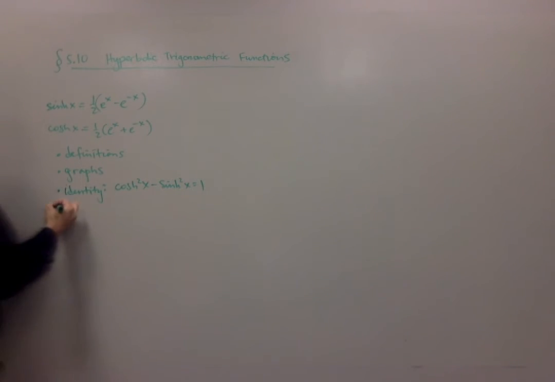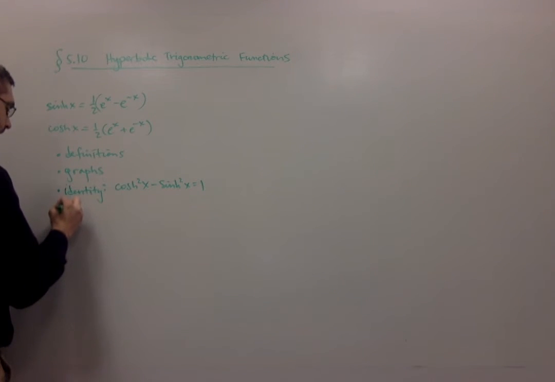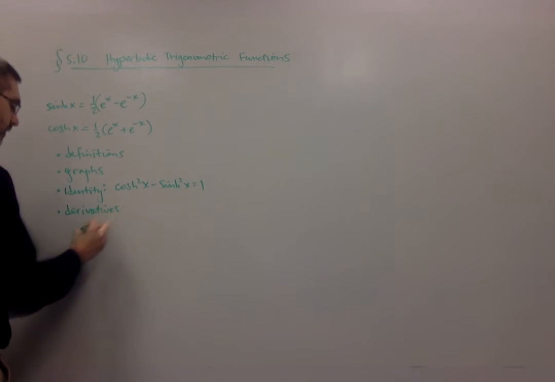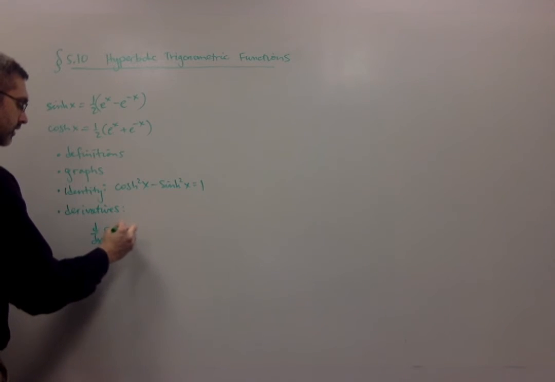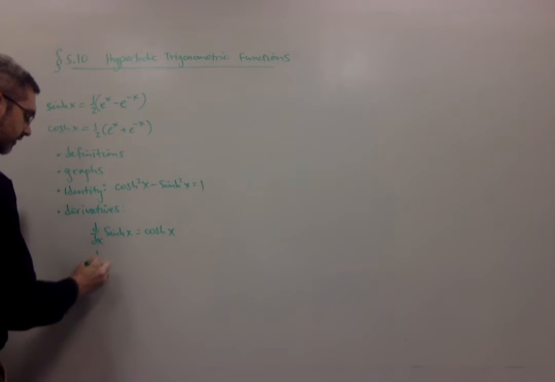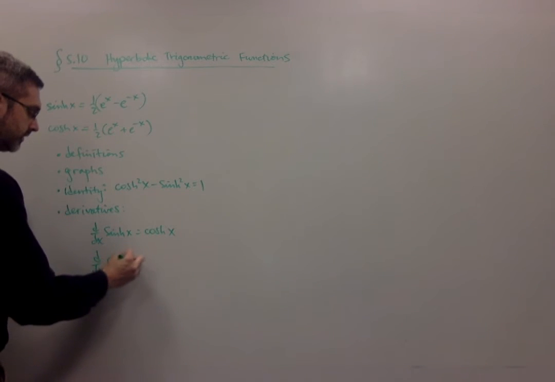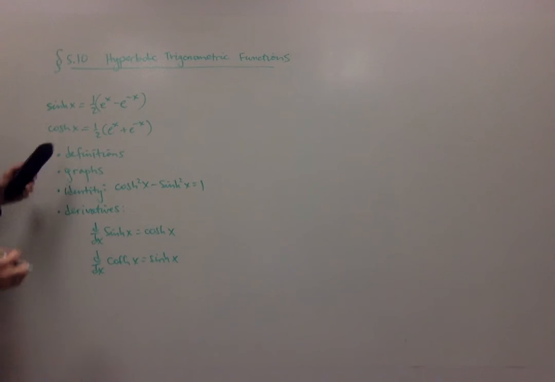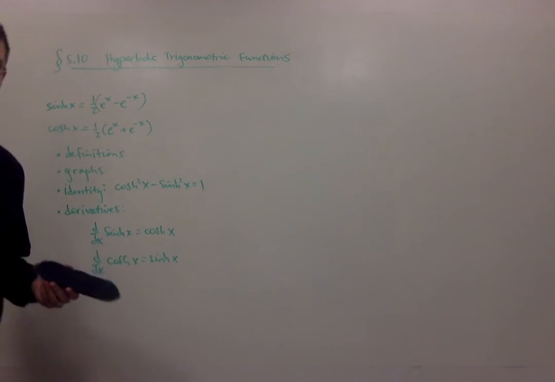You should also know the derivatives, that the derivative of sinh is cosh, and the derivative of cosh is sinh. Now, if you forget and you remember the definitions, you can derive this, but you usually don't want to forget that.